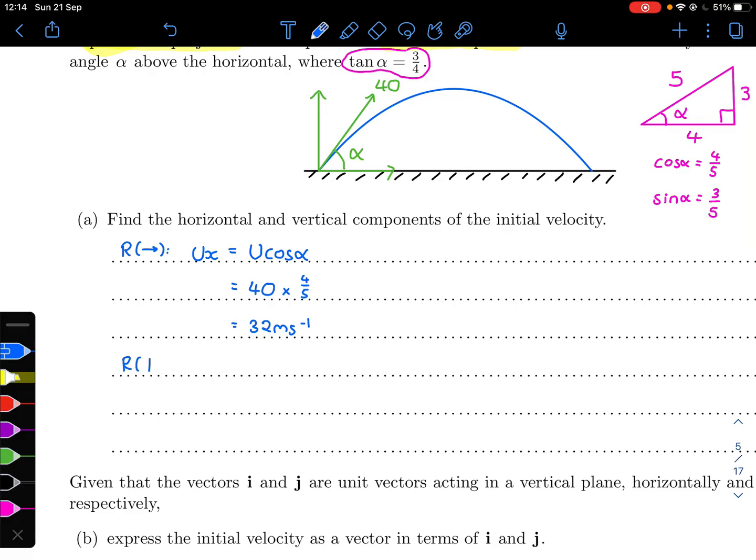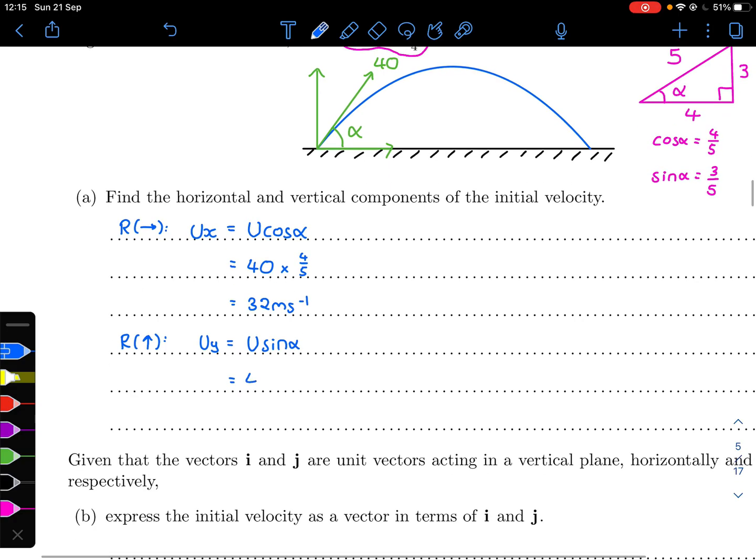And then vertically, again, this is how I write it, or just using the subscripts is enough to show that you are working vertically. And this one's sine alpha times u. 40 times the 3/5 we got from the pink triangle, and that's exactly 24 meters per second.